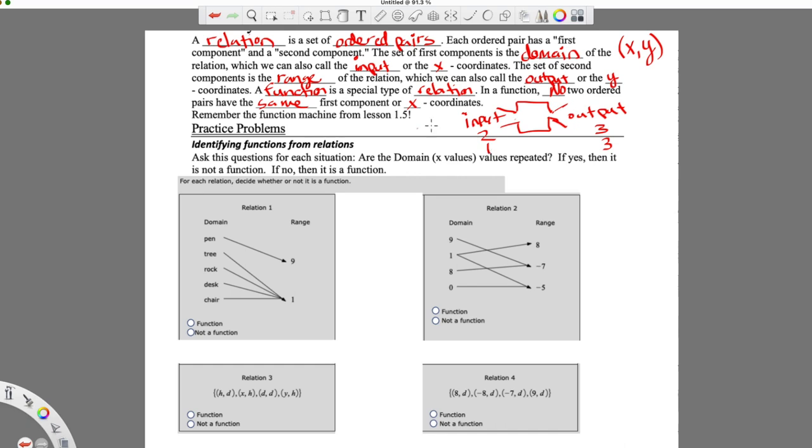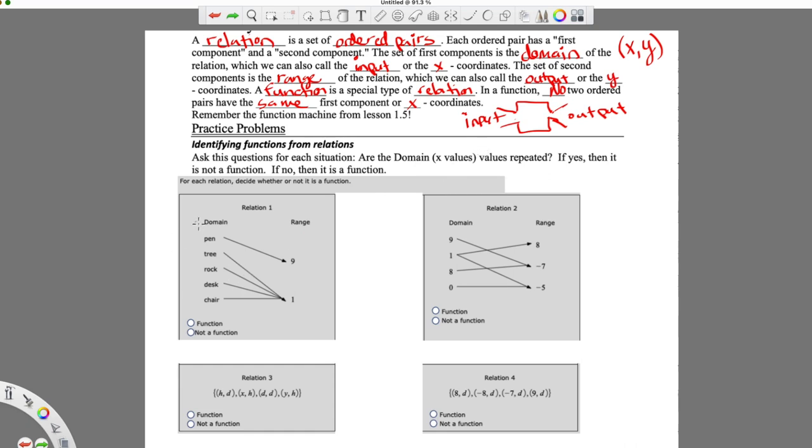So putting different ingredients in doesn't necessarily mean I'm going to get something completely different back out. I know that cake is kind of a silly reference, but it's just something like that. So the main thing is, if I input a number, I should get the same number back out each time for that input. So we don't want to see this input being repeated. Okay, that's our big thing.